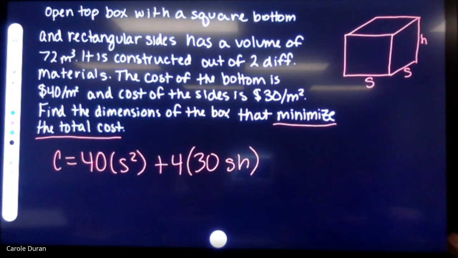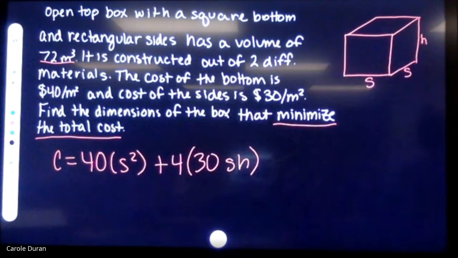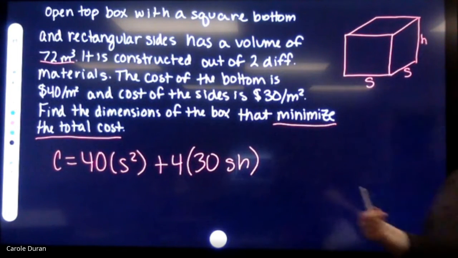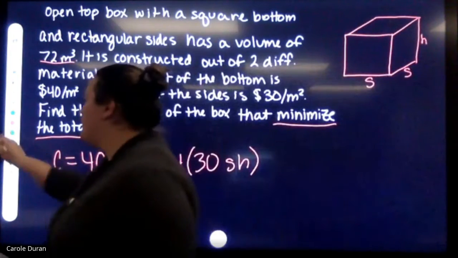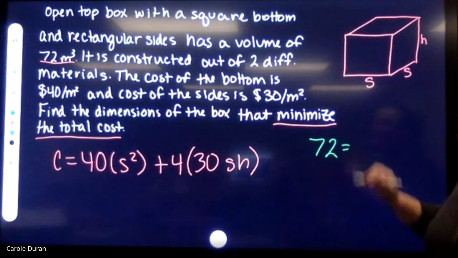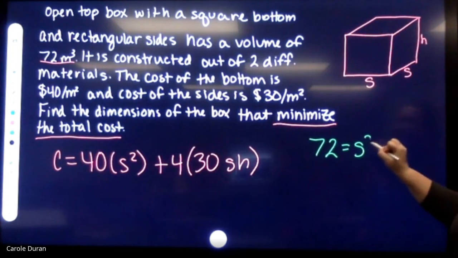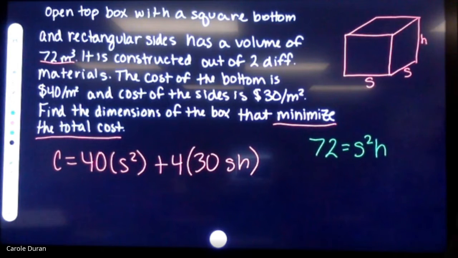Okay, I have volume. It told me that the volume of this box is 72. So I can use that to write another equation and solve for one of my variables with it. So we know the volume of a box is length times width times height. Well, here my length and my width are both s, and my height is h. So 72 equals s squared h, right? Length times width times height. Which variable do you think is going to be easiest to solve for?